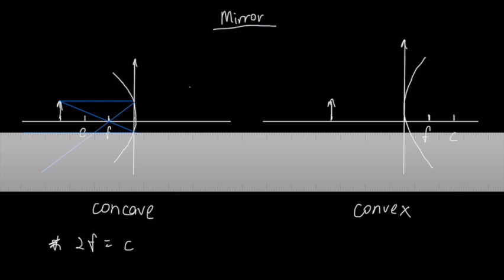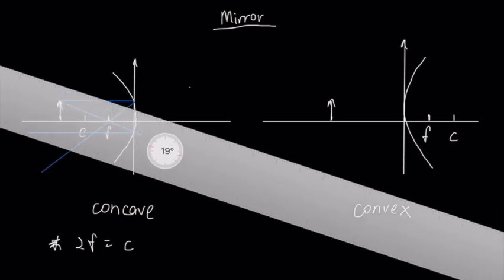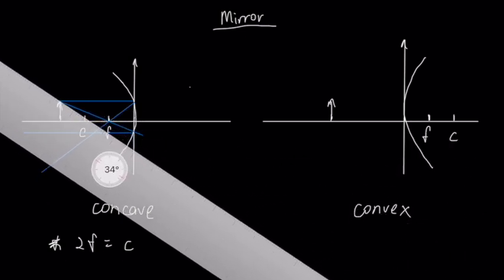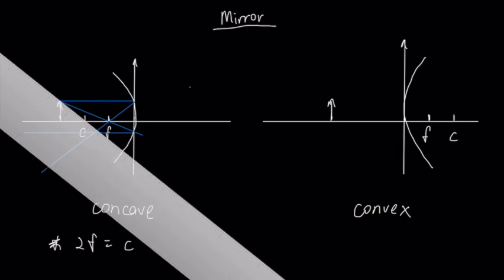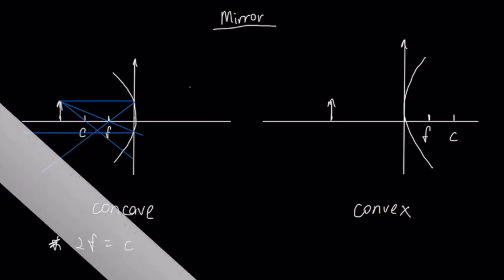And then after that, you will do one more line from the object through the center and reaches the mirror, and it basically doesn't reflect because it just goes to the mirror and then reflects back through the center point to the object.